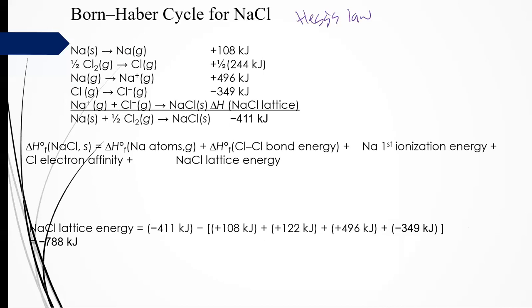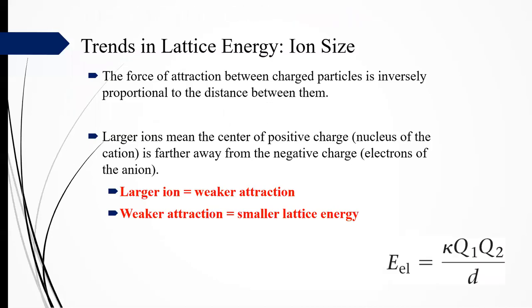Now there are some trends in our lattice energy. Know that for ion size, the larger the ion, the weaker the attraction is going to be. A larger ion means a larger distance between the positive and the negative. The weaker the attraction, the smaller the lattice energy is going to be.